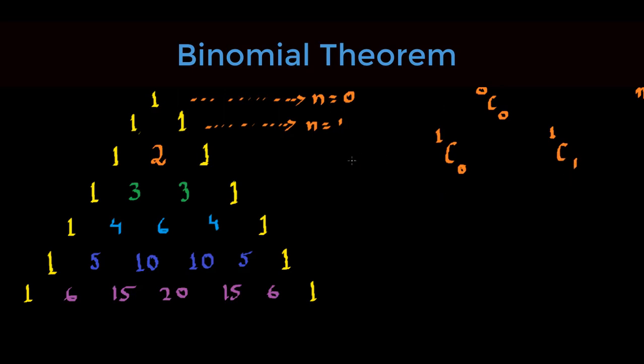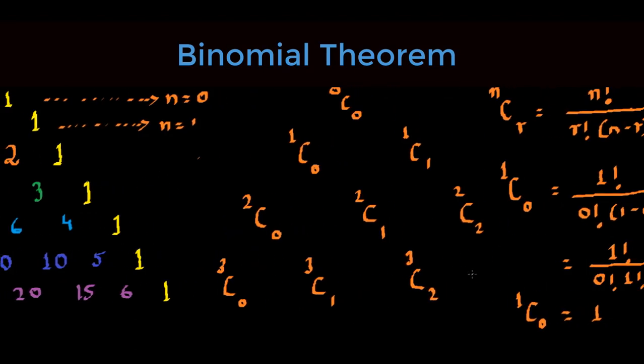For n equals 2, we'll have 2C0, 2C1 and 2C2. For n equals 3, we'll write 3C0, 3C1, 3C2, and oops, I don't have enough space. This will be 3C3.